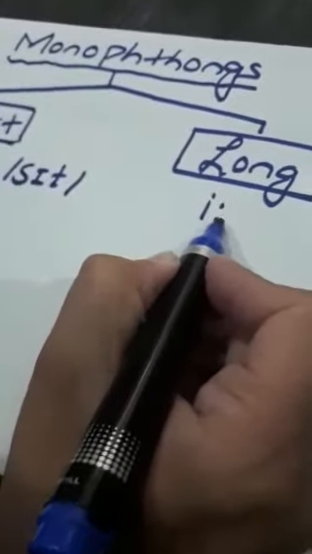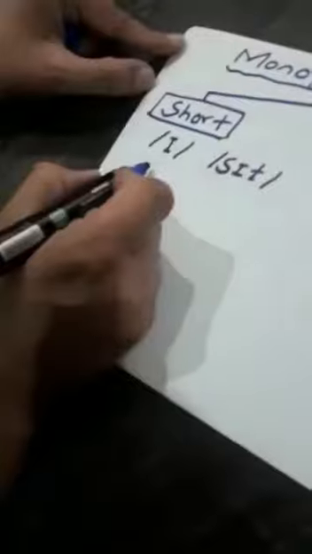Whenever there are two dots, they identify the long vowel. So this will be the longer version, a little bit longer, for example as in see, we can use this one.